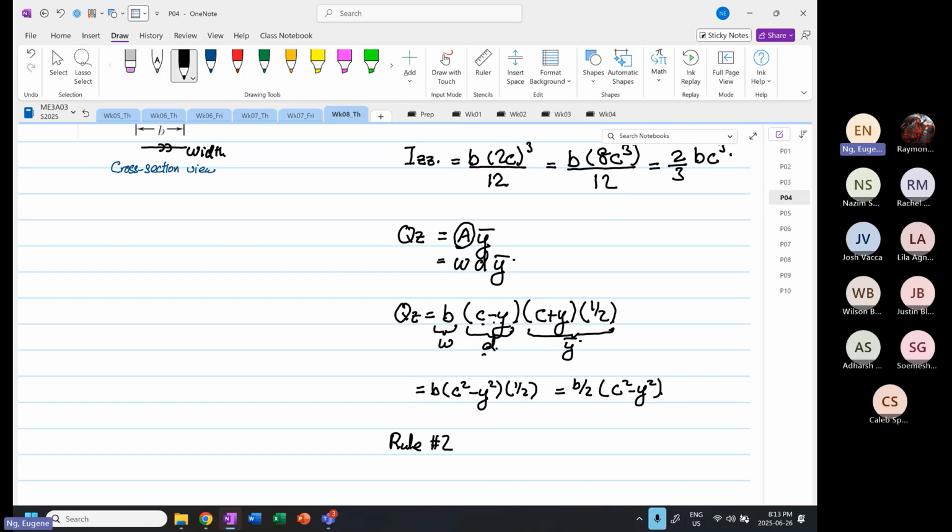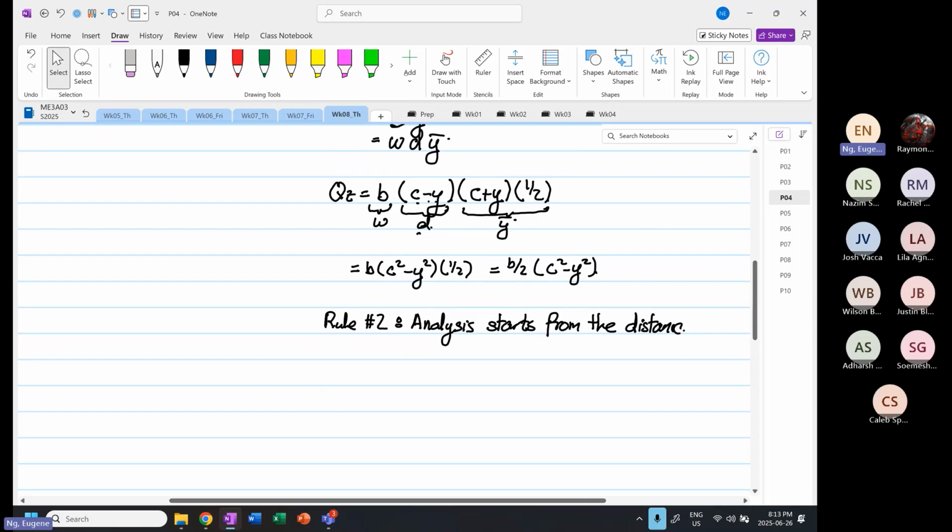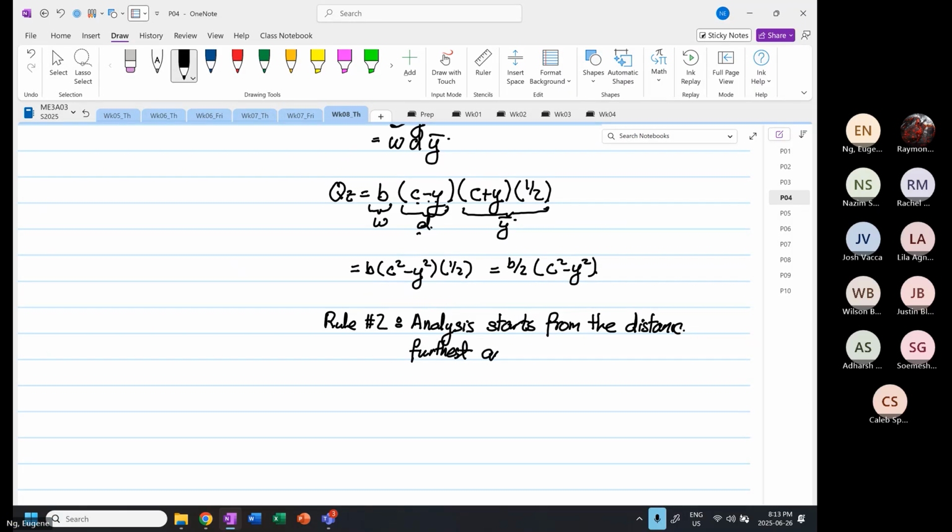Rule number 2 states the analysis starts from the distance furthest away from the central geometric centroid.